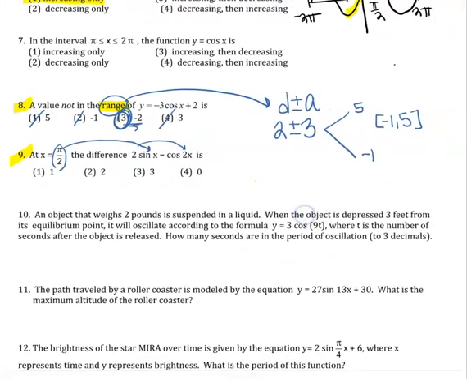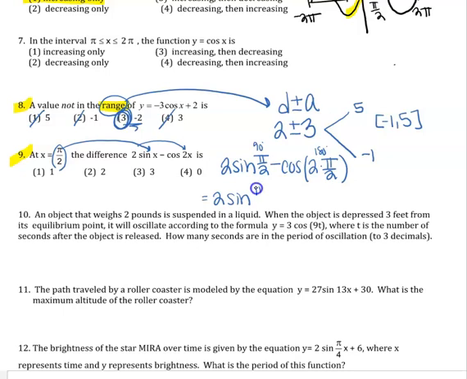So this would be 2 sine pi over 2 minus cos of 2 times pi over 2. Now, if you don't want to think about it in terms of radians, you could do degrees, meaning this is 90 degrees and this would be technically 180 degrees, or again, keep it in terms of pi. It doesn't really matter as long as you know what you're looking at.